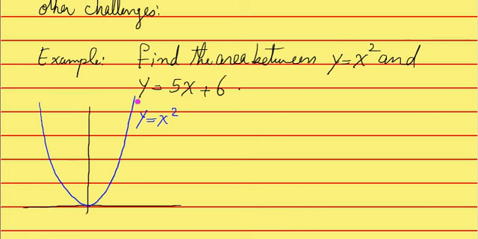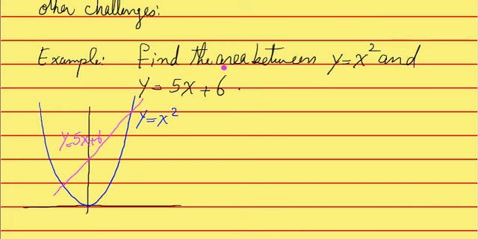Let's just for the moment assume that this is 5x plus 6. It has a positive slope and it has a positive y-intercept, so it has to start somewhere high up here and then slope up quickly and go up.